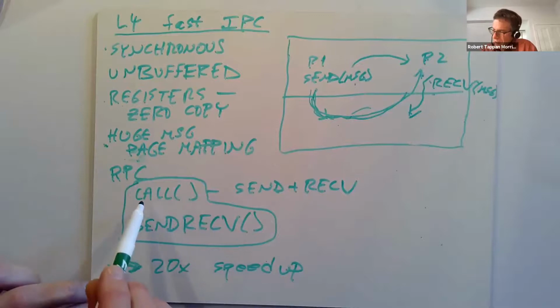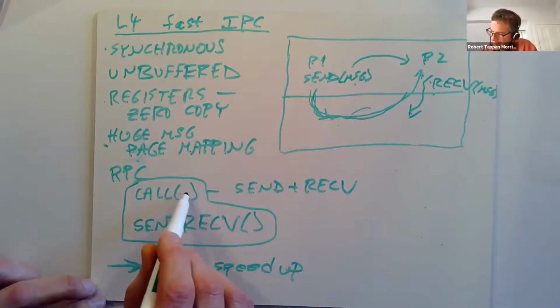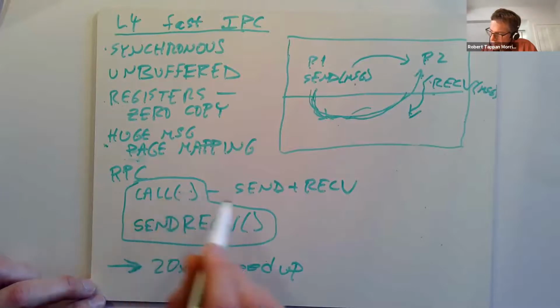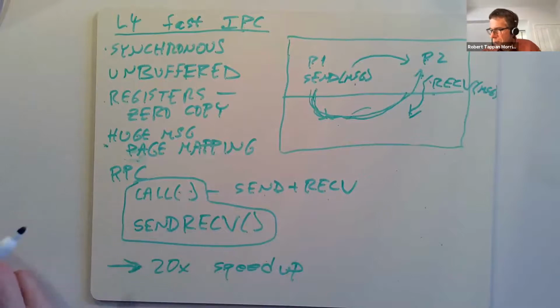So with call, you really give it two arguments, a message you want to send and a place to put the response. And inside the kernel, it just combines these two. You could view this as a bit of a hack, but because IPC is so frequent, it's worth a little bit of hackery in order to make it fast.